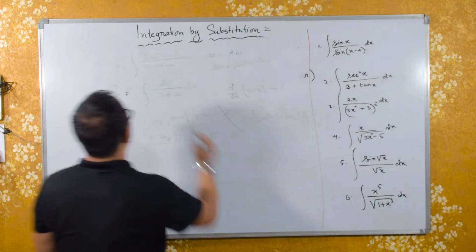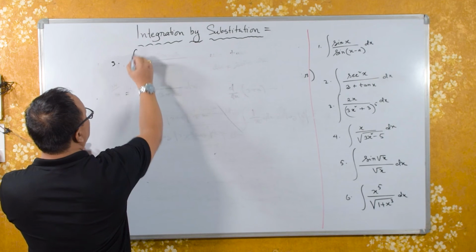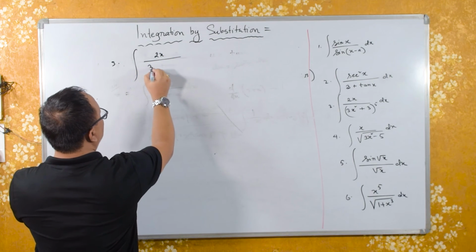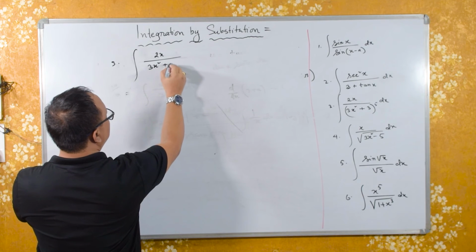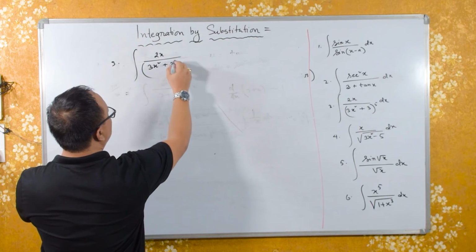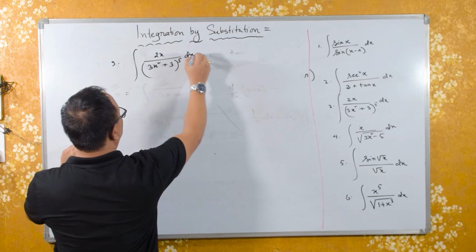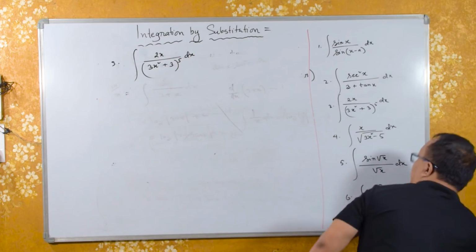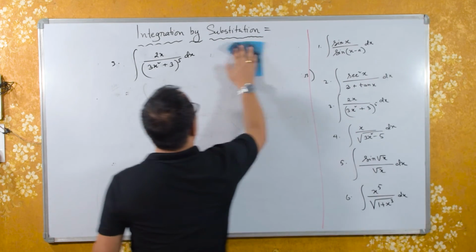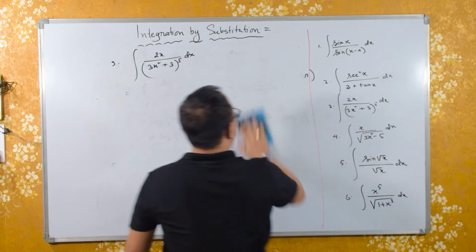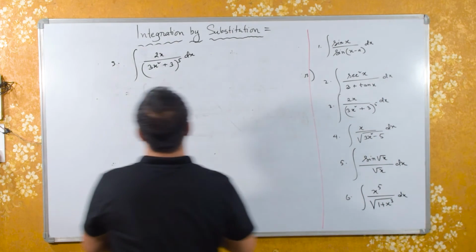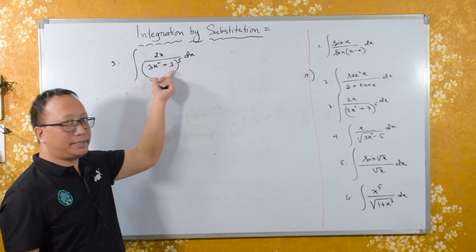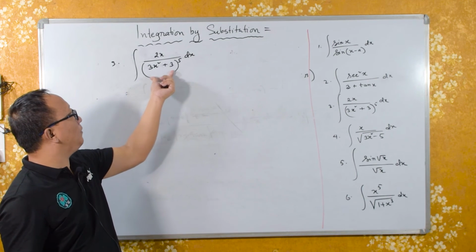This one, 3. Integral of 2x upon 3x square plus 3 raised to 5 dx. Now in this term, if I put u equals 3x square plus 3, then I'll be getting something over here.